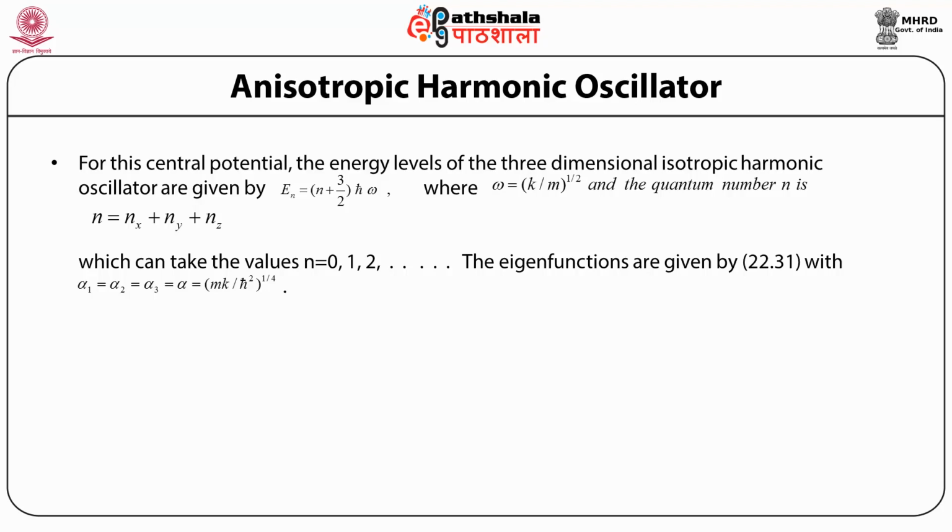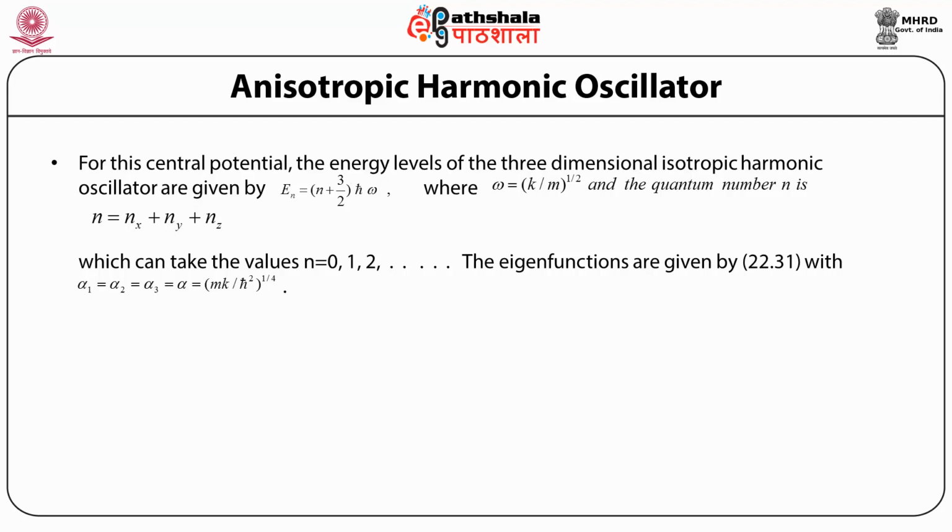But unlike that, in the three-dimensional harmonic oscillator, it is given by E_n equals (n + 3/2) h bar omega.